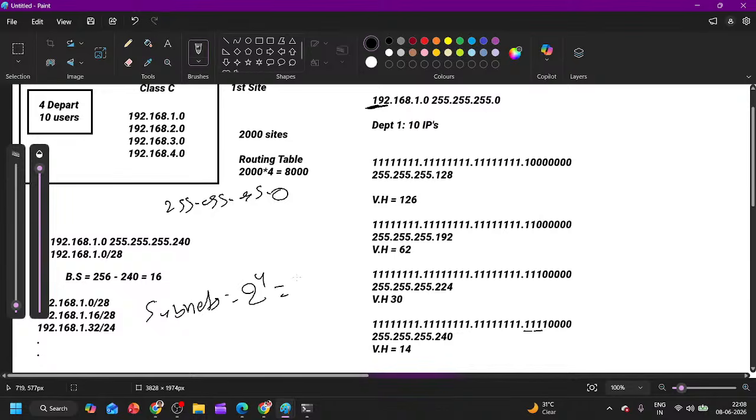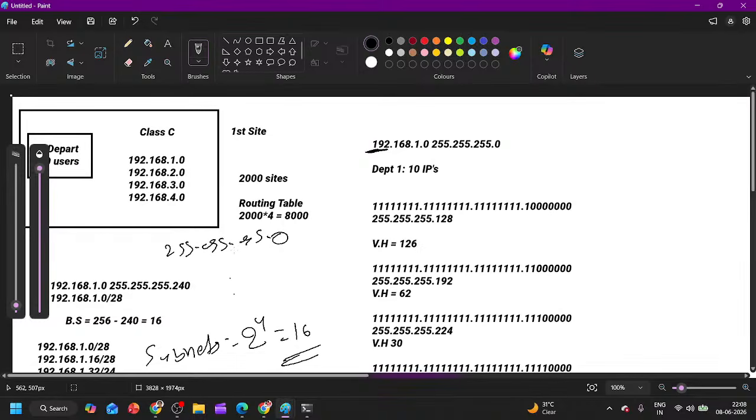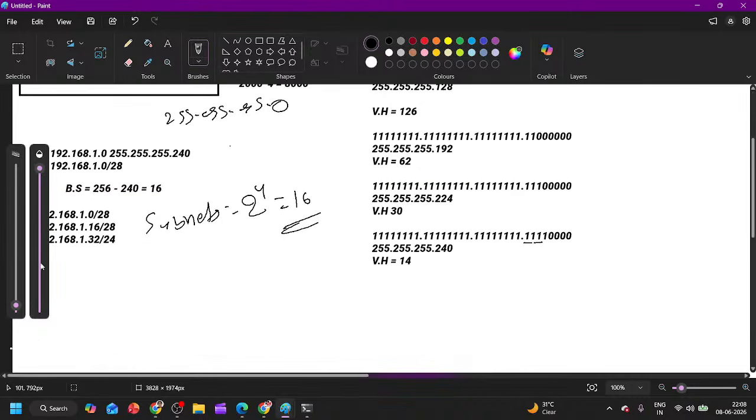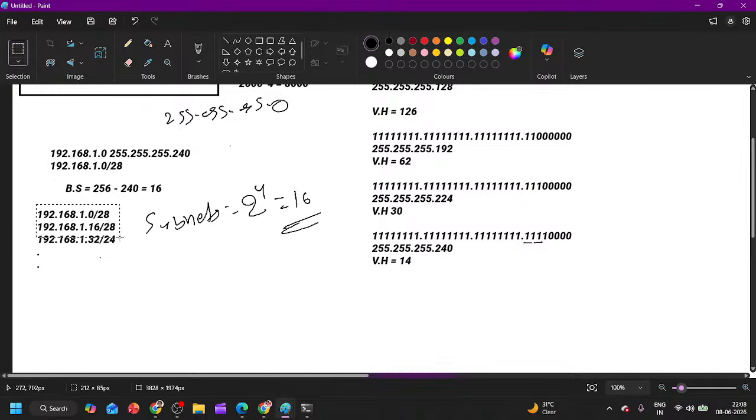What value? 2 power 4, 16. I have divided big network into 16 subnets. Subnet is a small part of your big network, and you can find all the subnets here. Like this is your first subnet, second subnet, third subnet, fourth, sixth, seventh till 16th subnet.